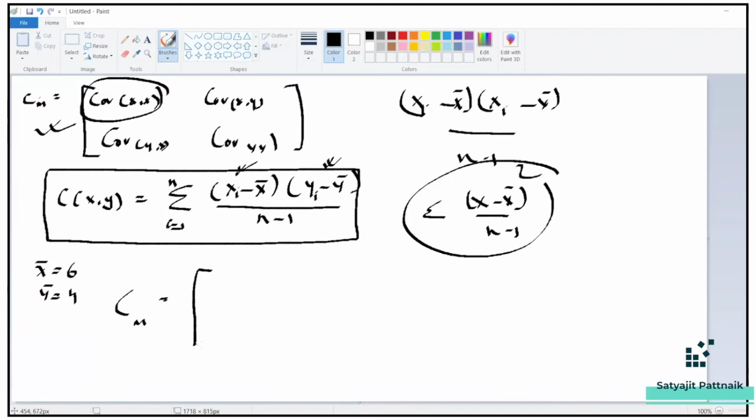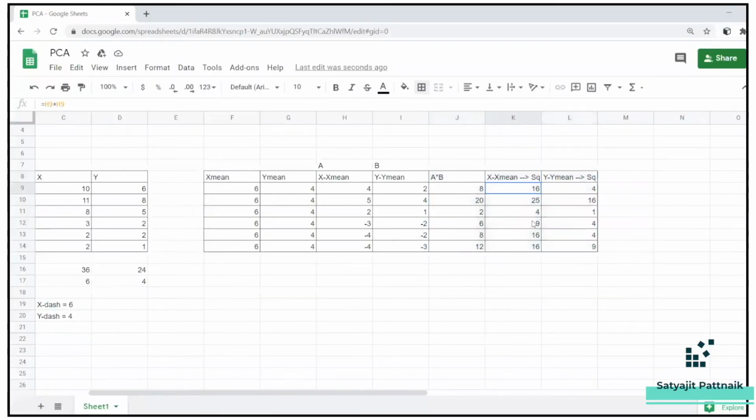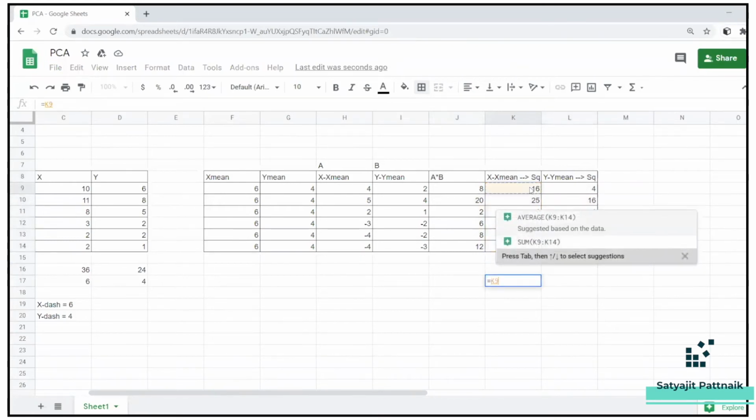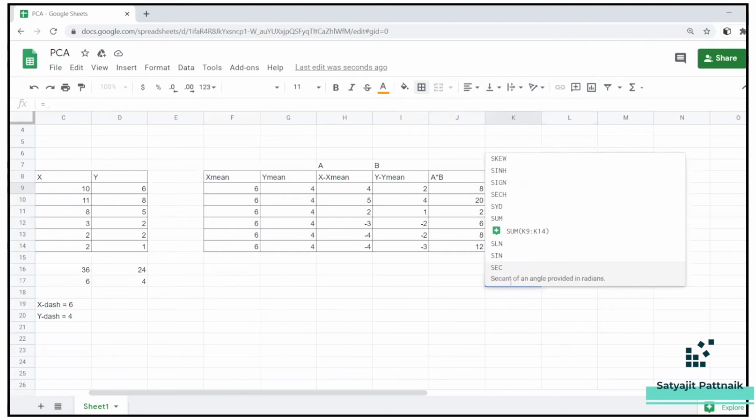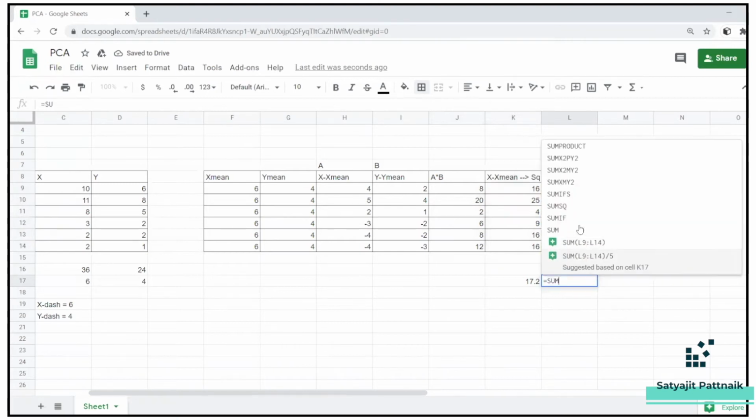CM equals, so what is x of x? That means (x minus x dash) square divided by n minus 1. That means the sum of this divided by 5, right?